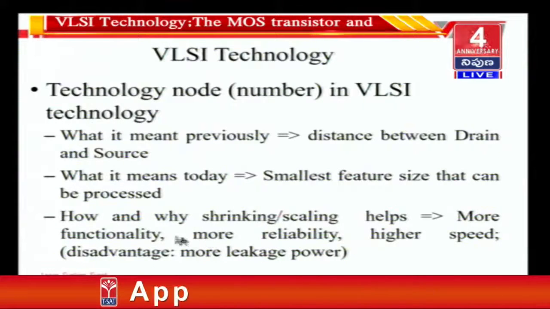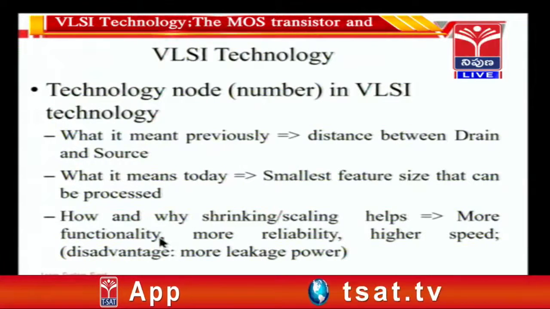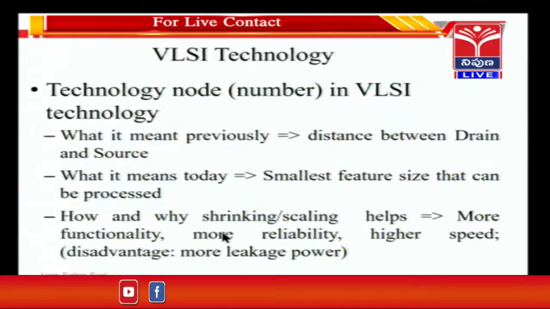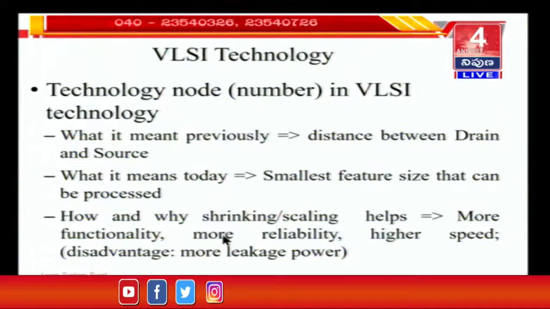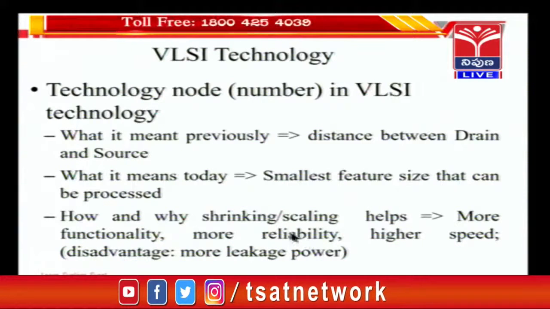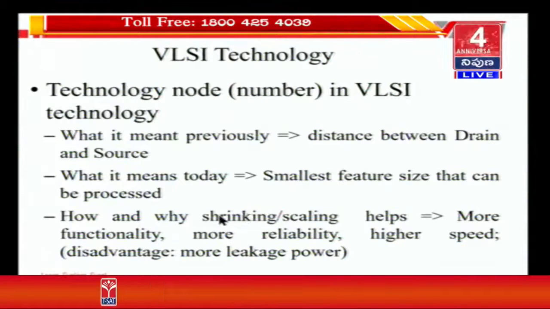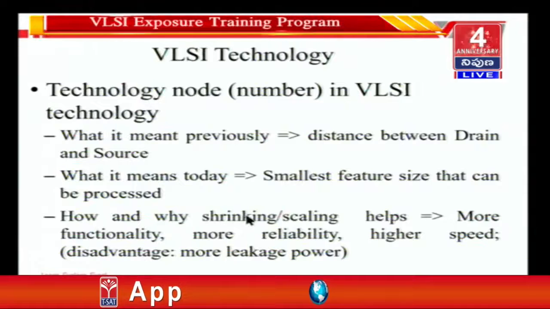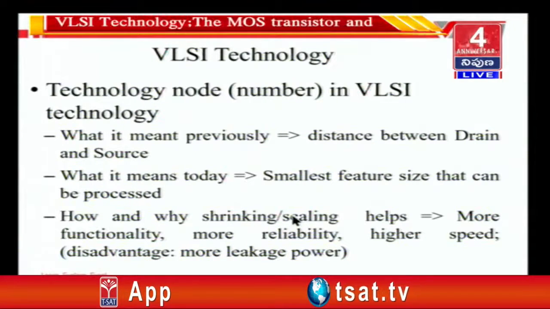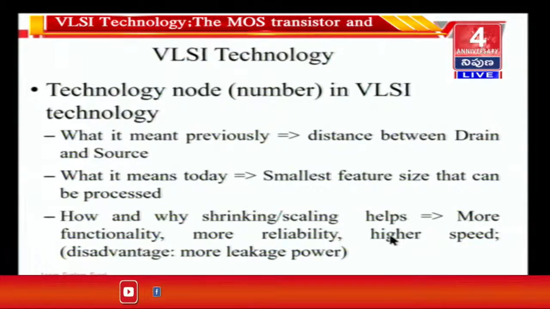So when we have more functionality on a particular chip, obviously there are lesser interconnections on the board, which means lesser chances of dry solder, loose contacts and everything. Therefore, it increases the reliability. Also, when we go in for advanced technology, with the size of the transistor becoming smaller, it operates at a higher speed.